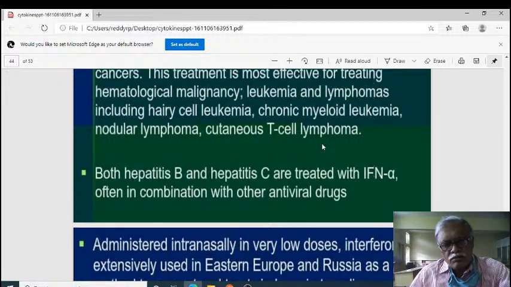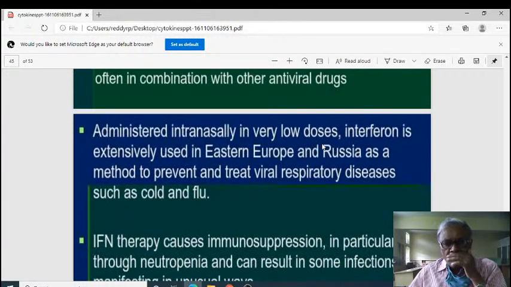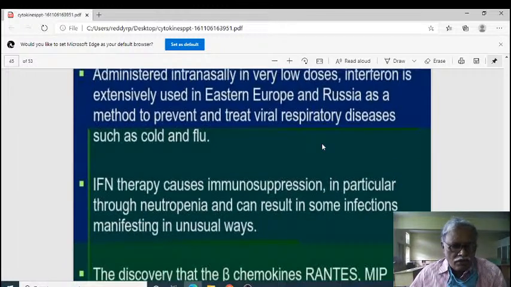Both hepatitis B and hepatitis C are treated with interferon alpha, often in combination with other antiviral drugs. Administered intranasally in very low doses, interferon is extensively used in Eastern Europe and Russia as a method to prevent and treat viral respiratory diseases such as cold and flu.